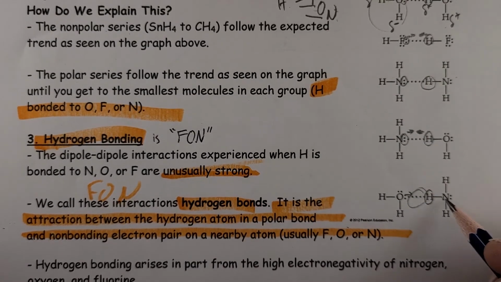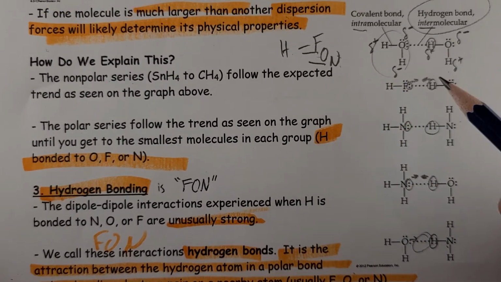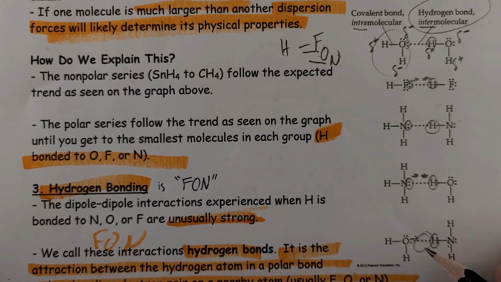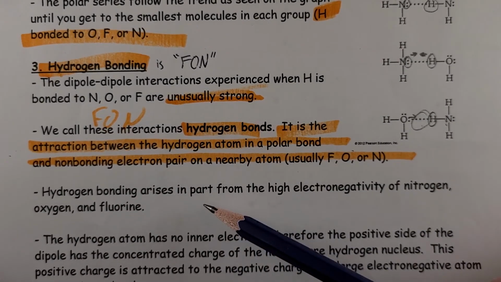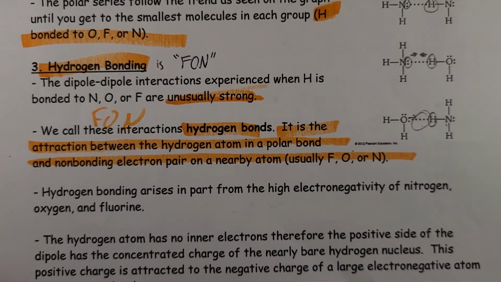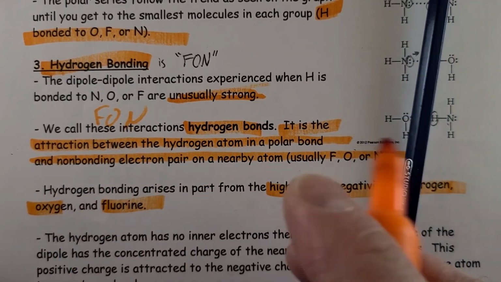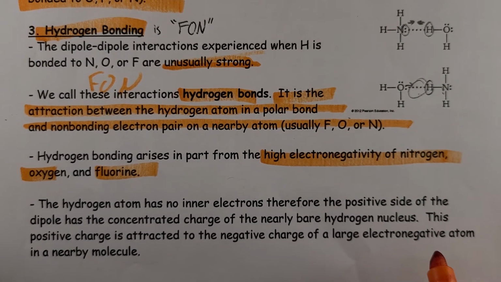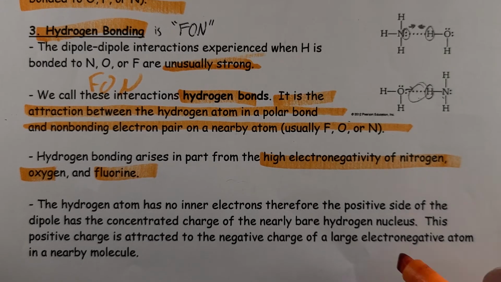So as long as I have one molecule that has an H bonded to an F, O, or N, and it comes close to an F, O, or N in a neighboring molecule, which doesn't necessarily have to be bonded to an H, I get this hydrogen bonding happening. Hydrogen bonding arises in part from the high electronegativity of N, O, or F. The hydrogen atom has no inner electrons, therefore the positive side of the dipole has the concentrated charge of the nearly bare hydrogen nucleus.